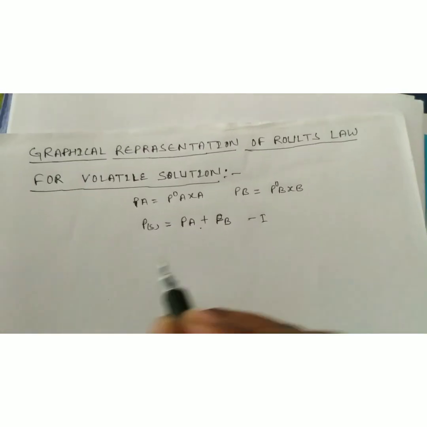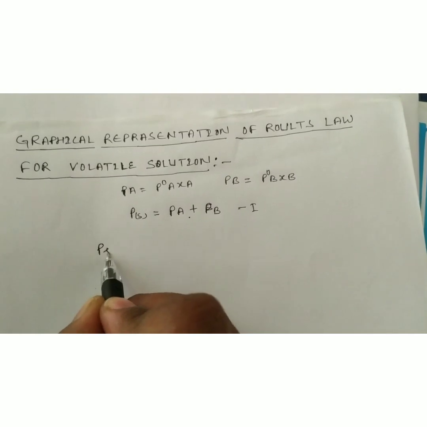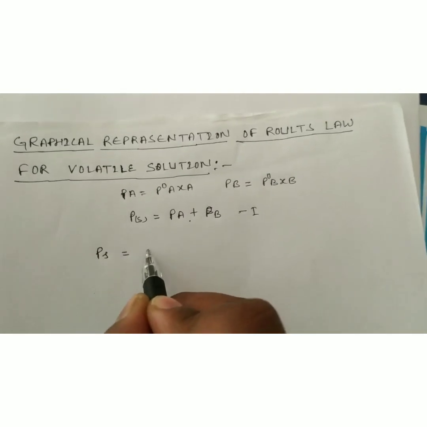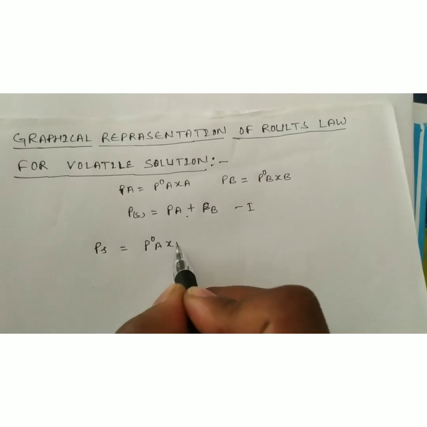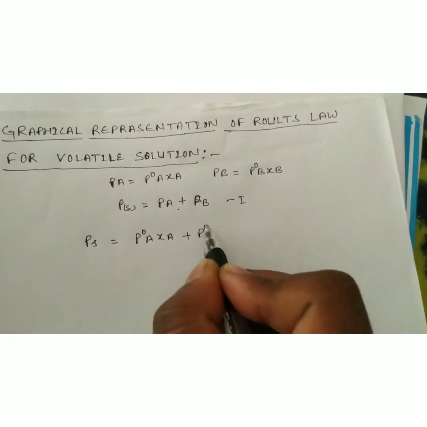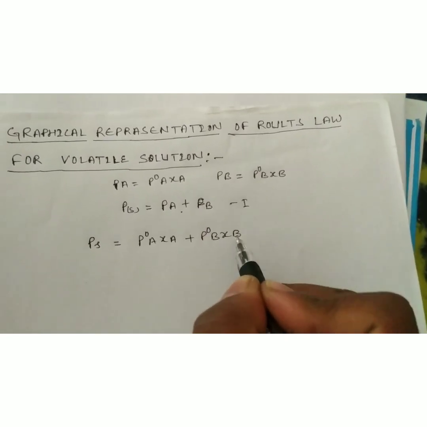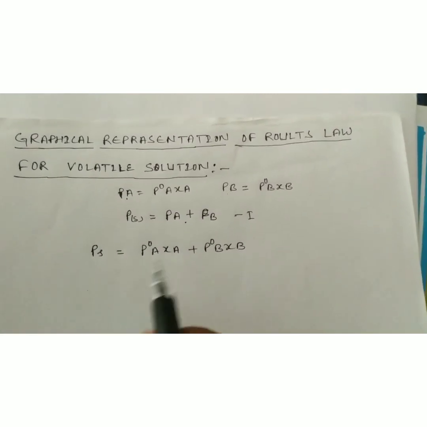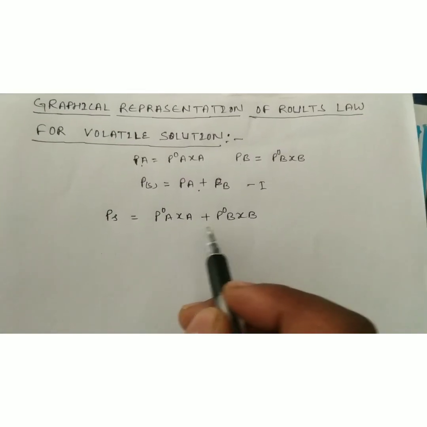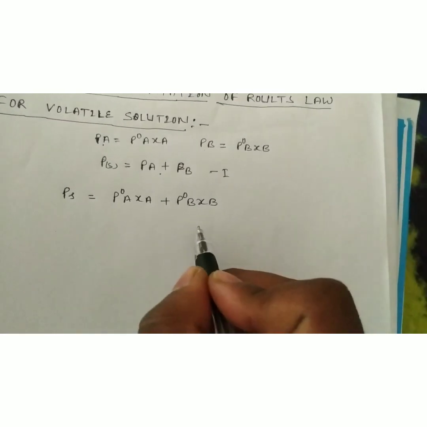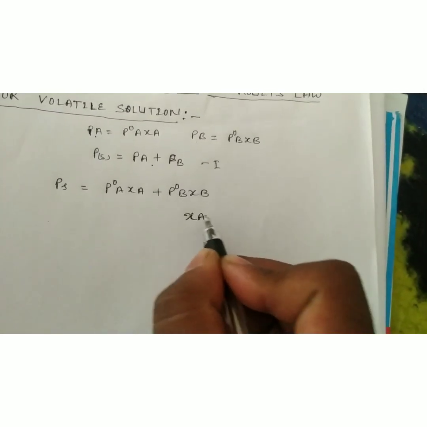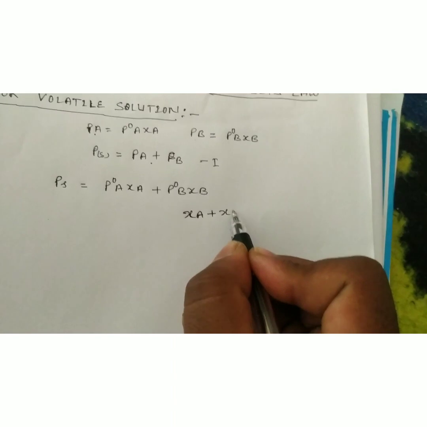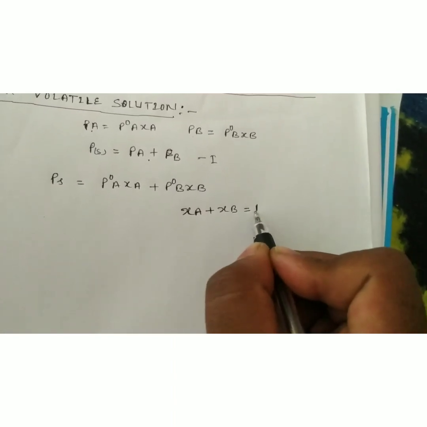The total pressure Ps equals P naught A XA plus P naught B XB. But we know the total mole fraction of the solution, XA plus XB, equals 1.